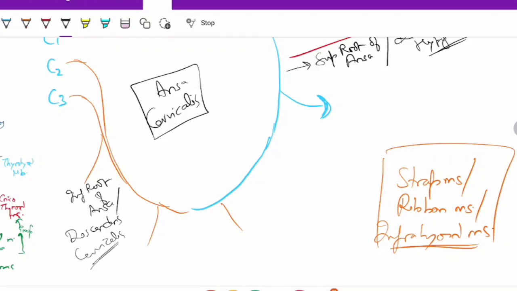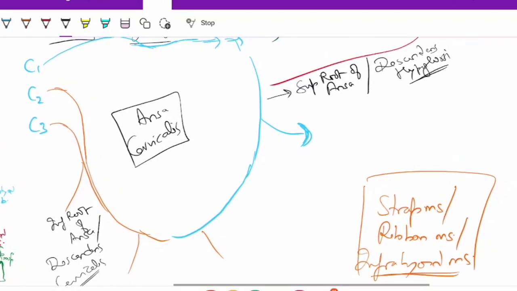Now the ansa as a whole supplies your strap, ribbon or infrahyoid muscle group. There is one exception which only the superior root supplies, and the inferior root has no contribution in it: the thyrohyoid muscle.